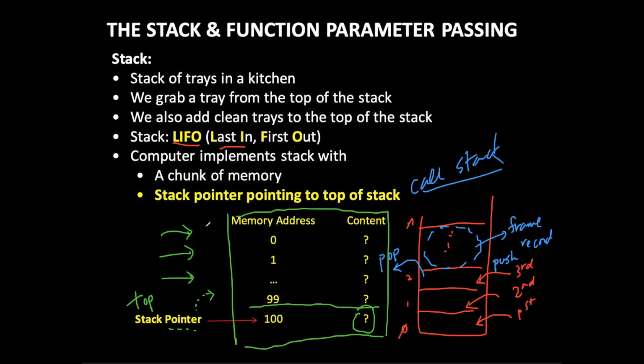Whenever the computer decides to release information, that's what we call pop. This lowers the top pointer, because as you pop information, your stack pointer moves down in this fashion. So this is push, this is pop directions. Let's move to the next page to illustrate how this is relevant to passing arguments into a function.